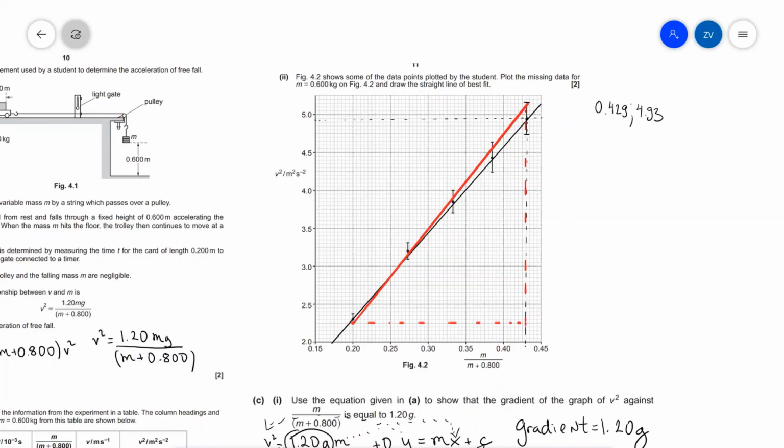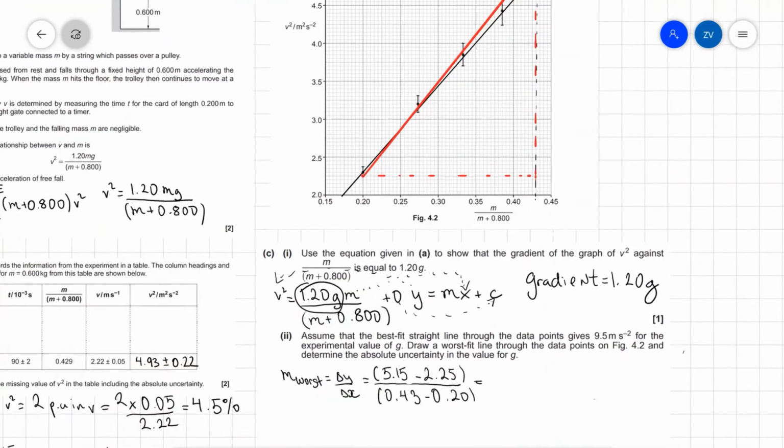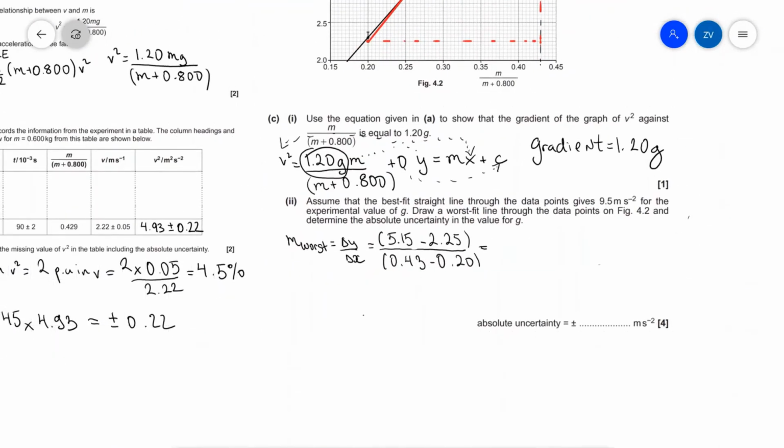Okay folks, so I've drawn a large gradient triangle in order to determine the gradient of the line of worst fit, and I've written down my coordinates over here to find my change in the y coordinate divided by the change in the x coordinate, and if I put those into a scientific calculator, I get approximately 12.61 for my gradient of the line of worst fit.